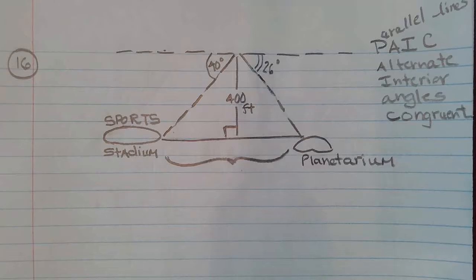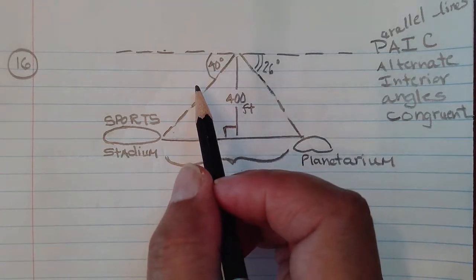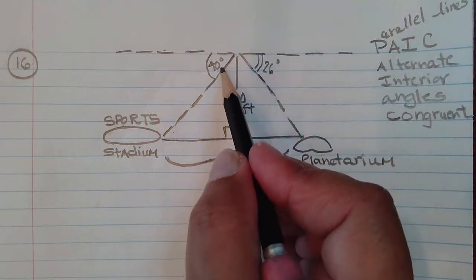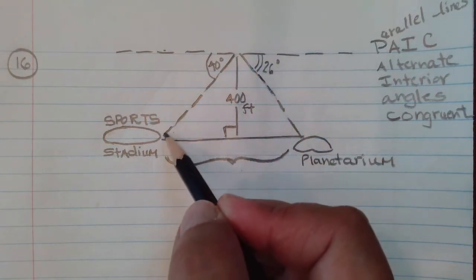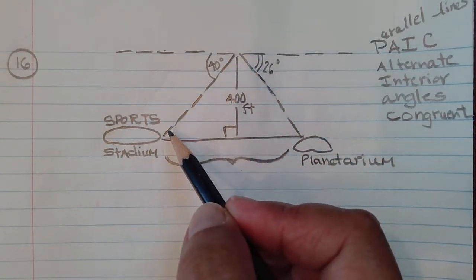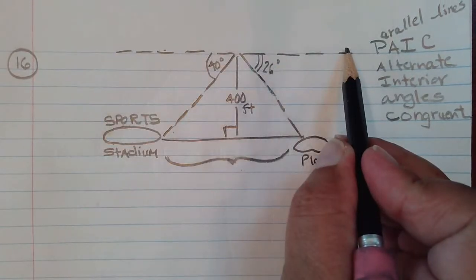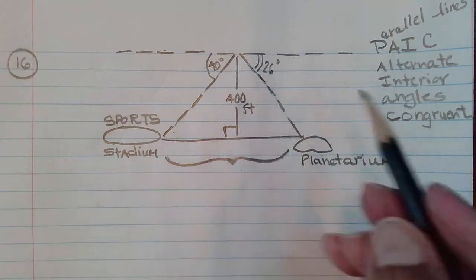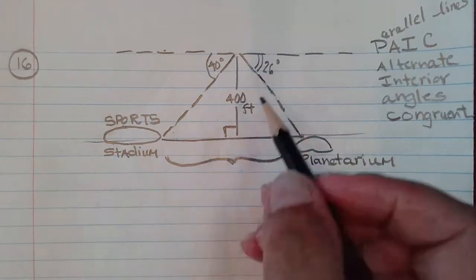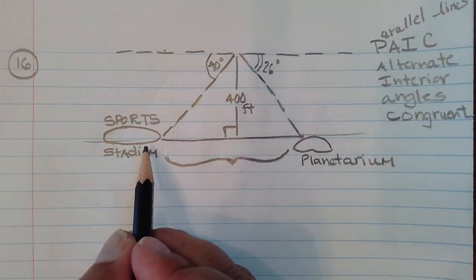Okay, so what are alternate interior angles? If you don't remember this from your geometry class, alternate means on opposite sides of this line that's considered to be the transversal. A transversal is a line that cuts into two parallel lines. So you have this line up here and the line down here that is parallel to the ground. This cuts into both of them.